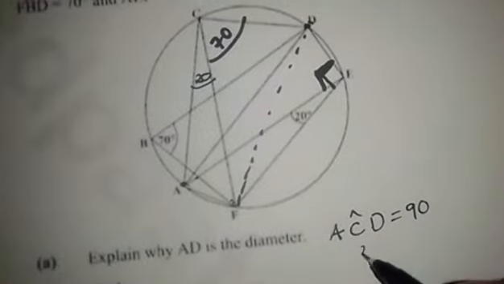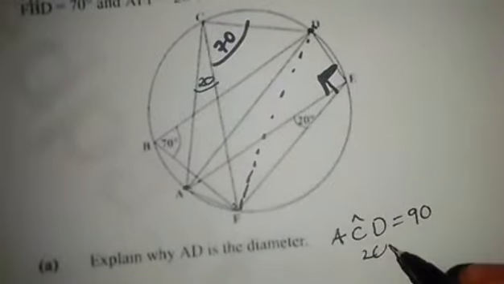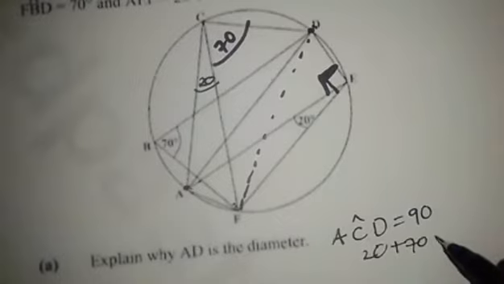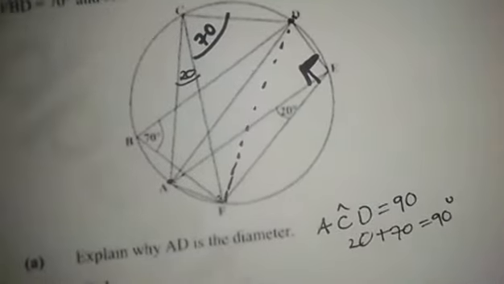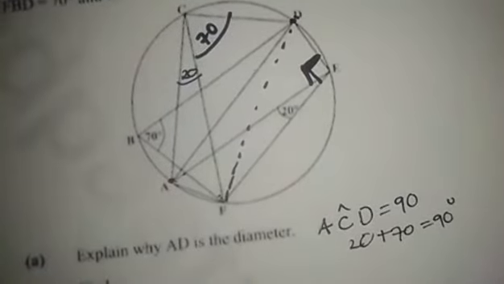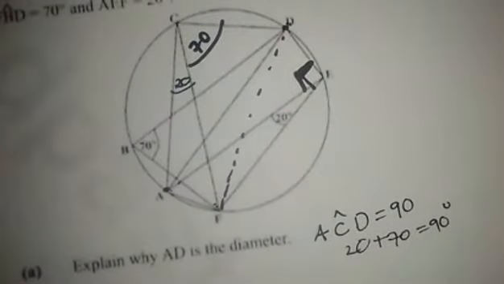Why? Because 20 plus 70 gives 90 degrees. Then you say because a diameter subtends 90 degrees at the circumference. So the explanation is that ACD is equal to 90 degrees, obtained from 20 plus 70. I hope you are listening, class.